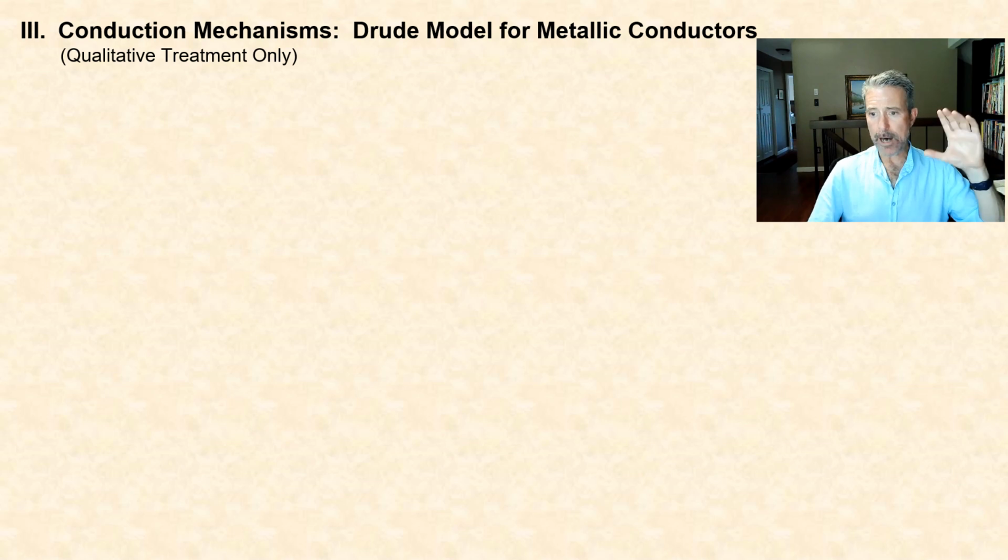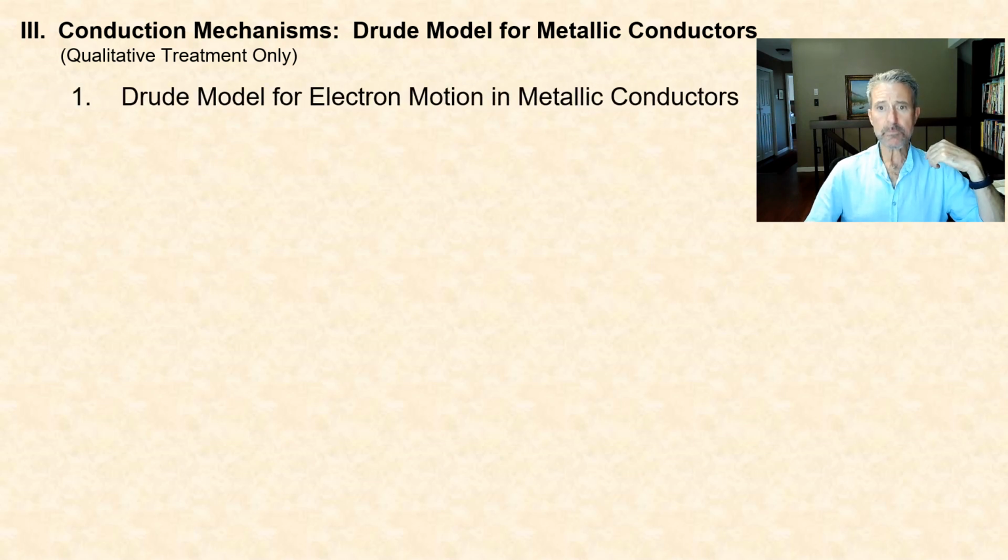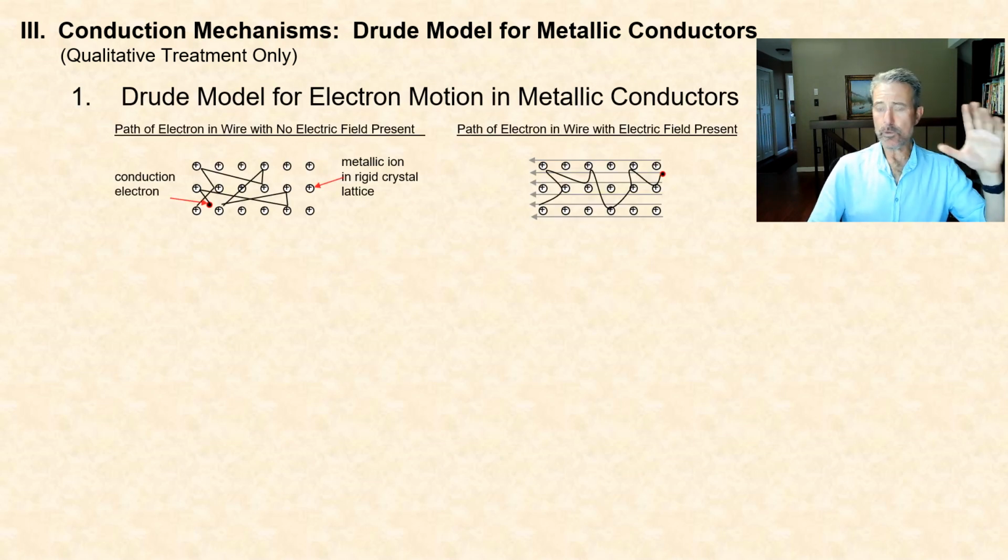There is a model called the Drude model for metallic conductors, not to be confused with the Dude model, that describes what happens when an electric current is set up in a conducting medium. Recall what we just said on a previous slide.